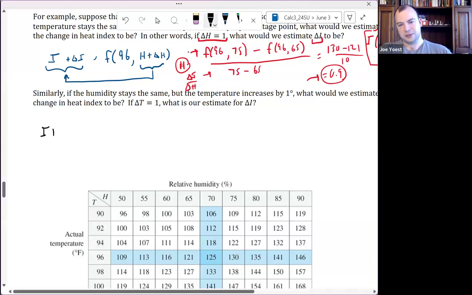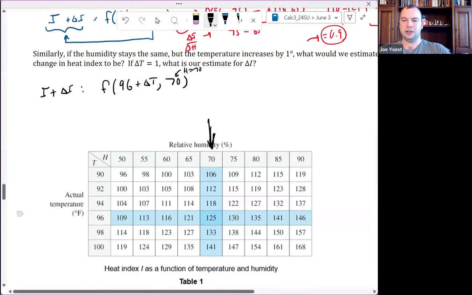Here I'm saying I plus delta I is related to f of 96 plus delta T, comma 70. So here I'm setting H equals 70. I'm staying in this 70 column, but now I'm varying temperature.